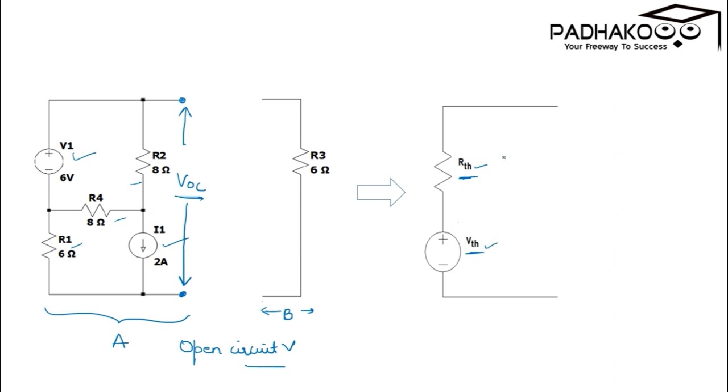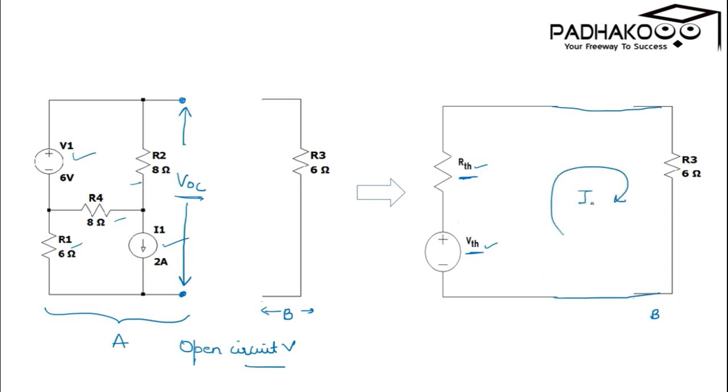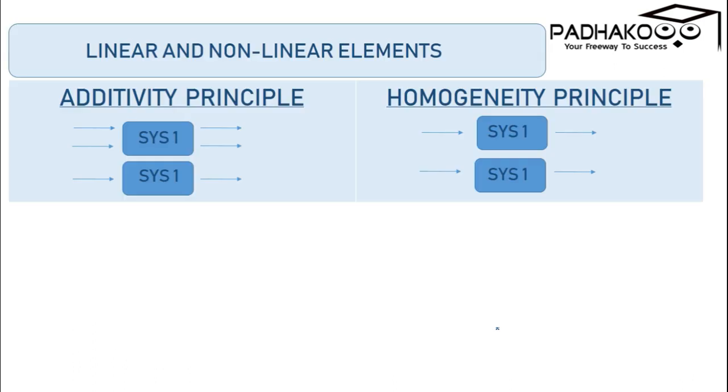We connect the load B across this, and just by joining these two networks, we can easily find the value of current I, which is our objective, in this particular branch, the load resistance branch. So Thevenin theorem makes calculation of circuit responses much easier.